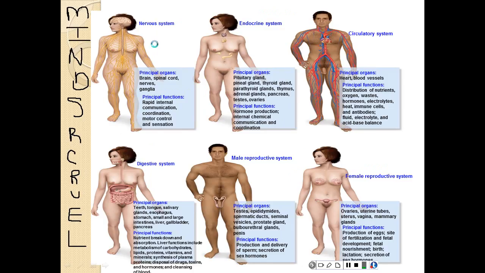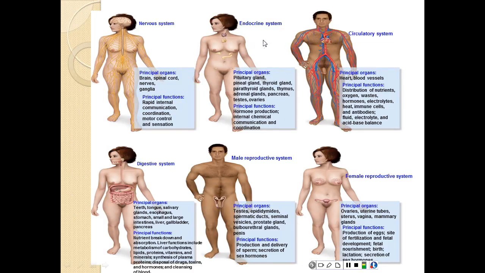Alright, and here are the other ones. Nervous system, endocrine system, circulatory, digestive, male and female reproductive tissues. If I say, okay, what system holds the prostate gland, the testes, the penis, obviously we know it's the male reproductive system.